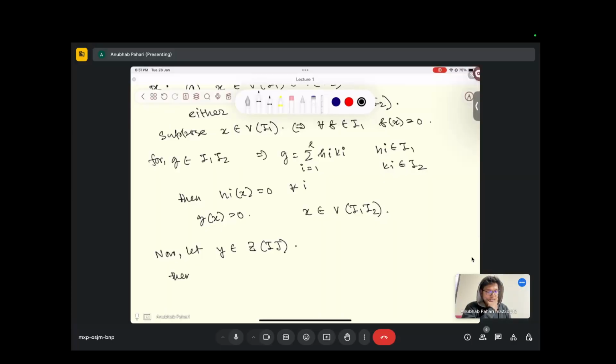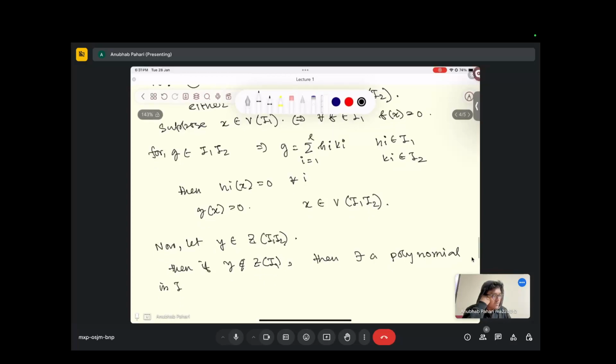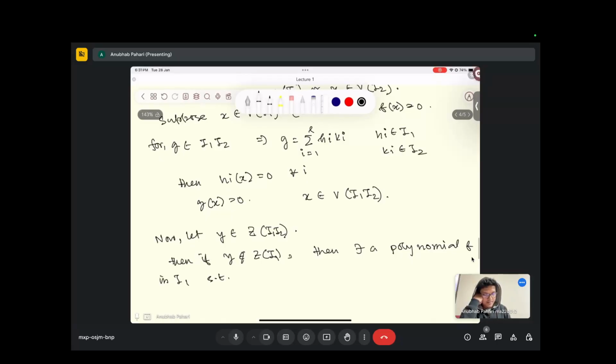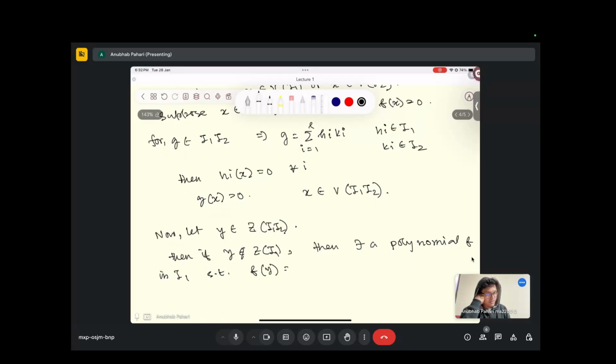Then if y doesn't belong to Z(I1), then there exists a polynomial, I was using the notation I1 I2, there exists a polynomial, say f in I1, such that f of y is not 0, right?